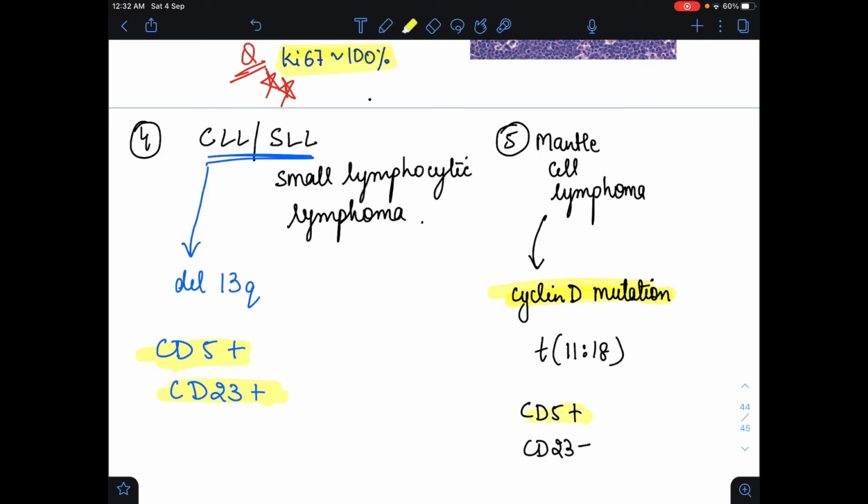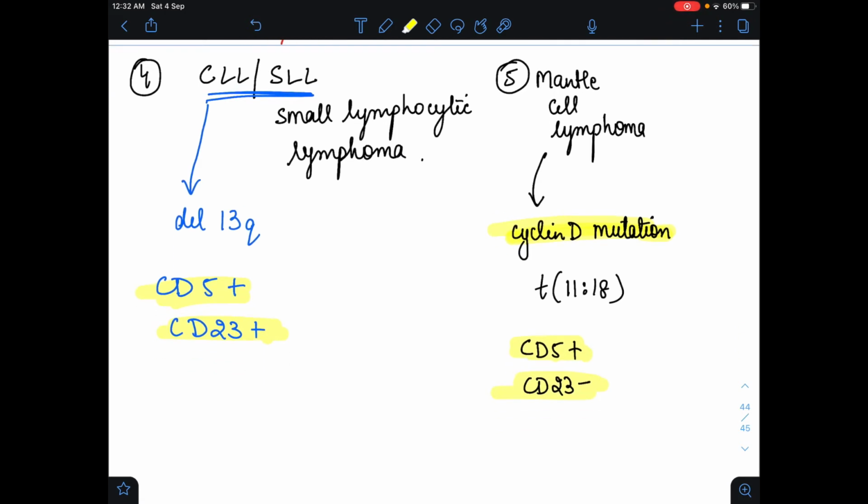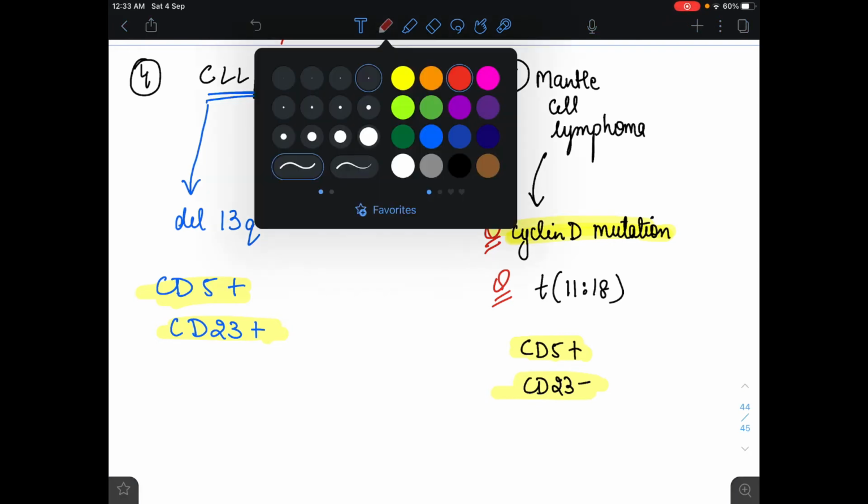While in CLL and SLL, both CD5 and CD23 markers are present, in mantle cell lymphoma only the CD5 marker is present and CD23 is negative. So the cyclin D1 mutation is seen in mantle cell lymphoma, with translocation 11:14, CD5 positive and CD23 negative.